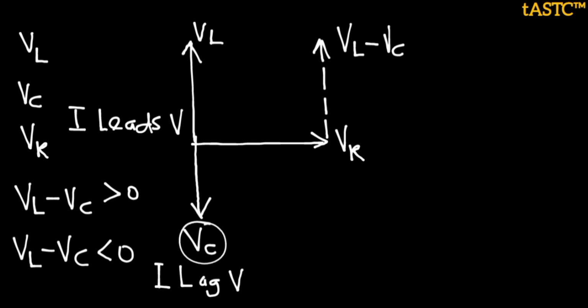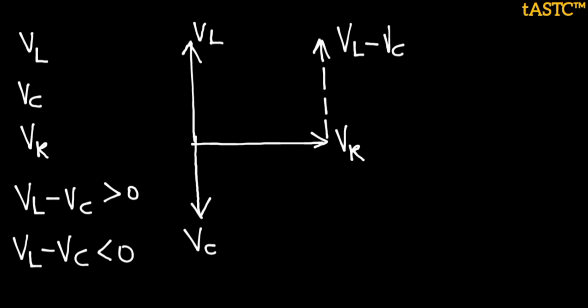So always for capacitors, if V C is greater than the voltage across the inductor, you're always going to have a negative value, which means the current would always lag the voltage. But if V L is greater than V C, then the current would always lead the voltage. So you just need to hold that at the back.